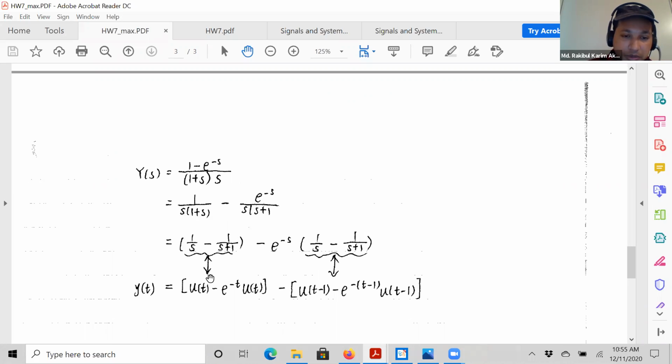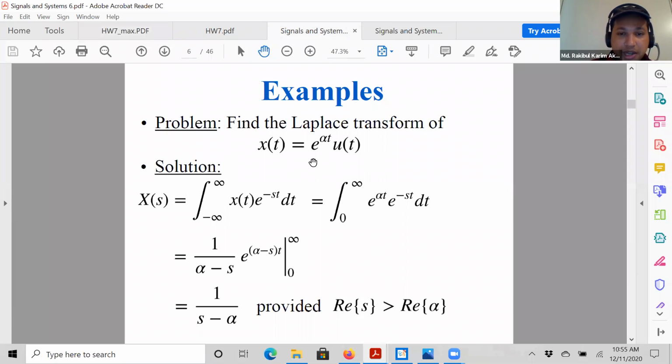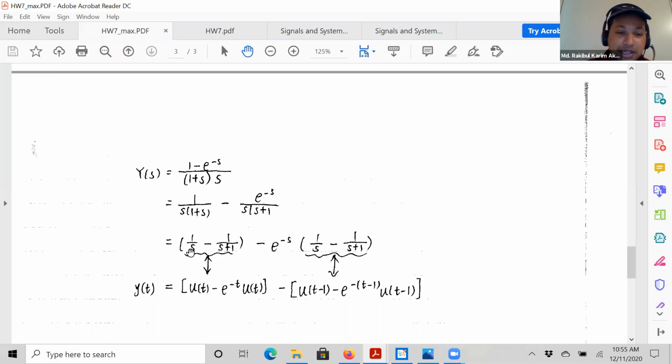Now you convert this to time domain format to get the yt. So 1 by s plus 1 becomes this one, like this. A very easy example, like this one. I don't want to talk about it again. You already understand that thing, I know. And when it is 1 by s, it is only ut, right?